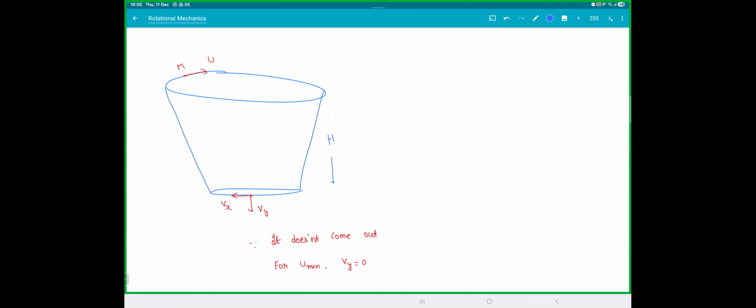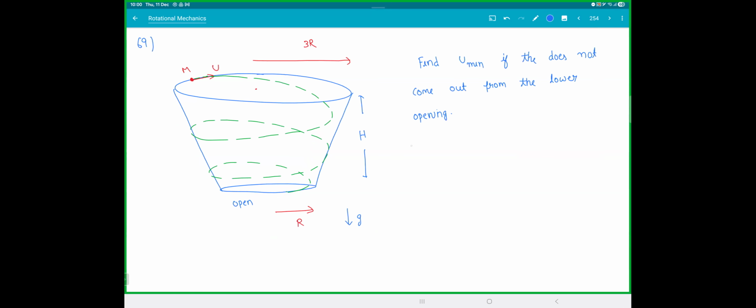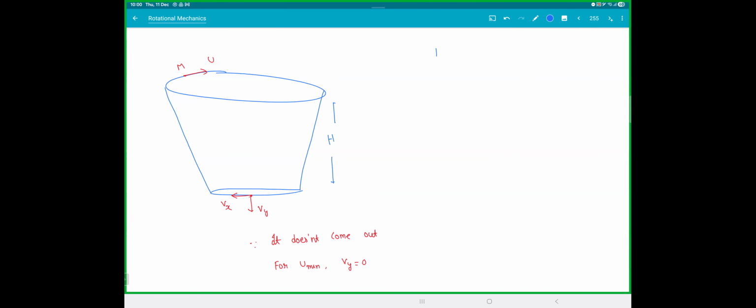Since the whole thing is smooth, there is no friction, so work done by external force is 0. This is your state 1 and this is your state 2. Energy in state 1 is equal to energy in state 2. Initial energy half mu square plus potential energy mgh is equal to half m Vx square because Vy is 0.